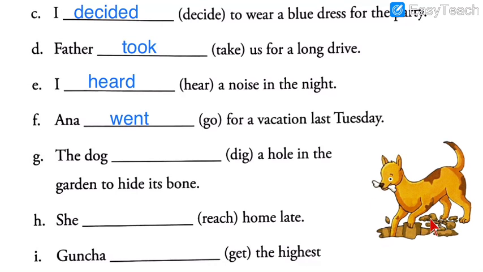The picture is clearly shown. It clearly depicts. But what is the past form of the verb dig? So the past form is dug. Dig becomes dug. The dog dug a hole in the garden to hide its bone.